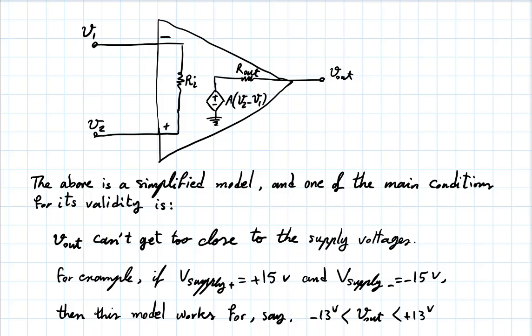What happens to the output if I increase the input voltage difference to 20 microvolts? The output will stay more or less the same. It will not keep going beyond that 13 or 13 and a half. And again, it's not going to be straight flat at 13, right? It's going to gradually saturate.